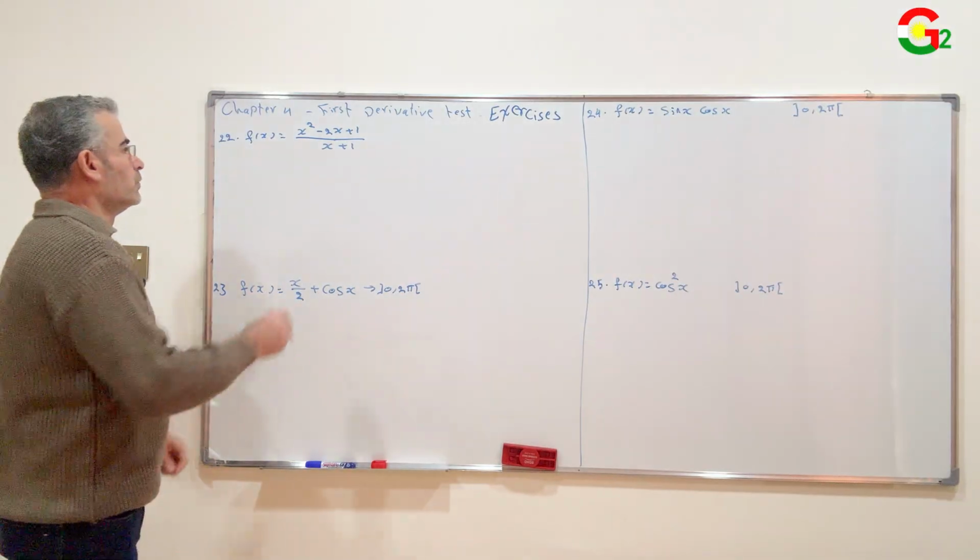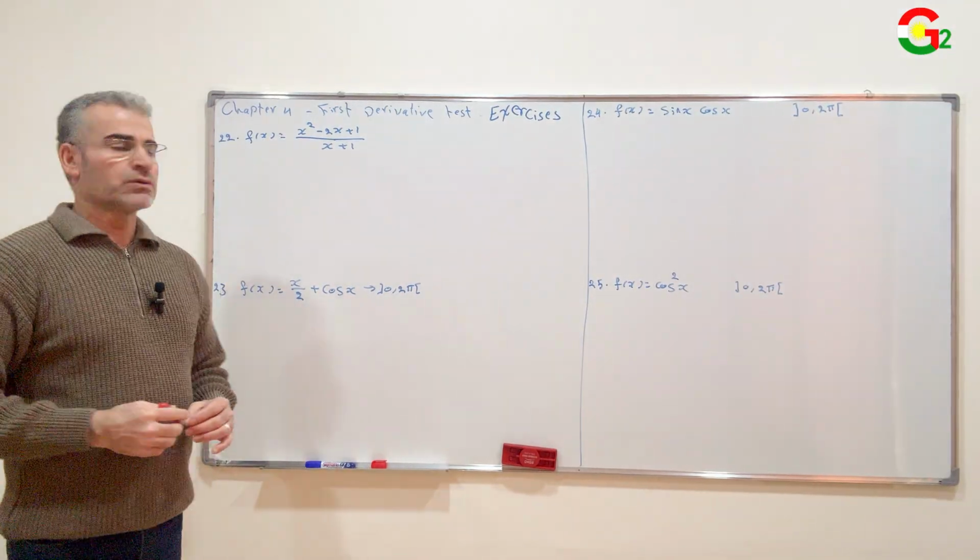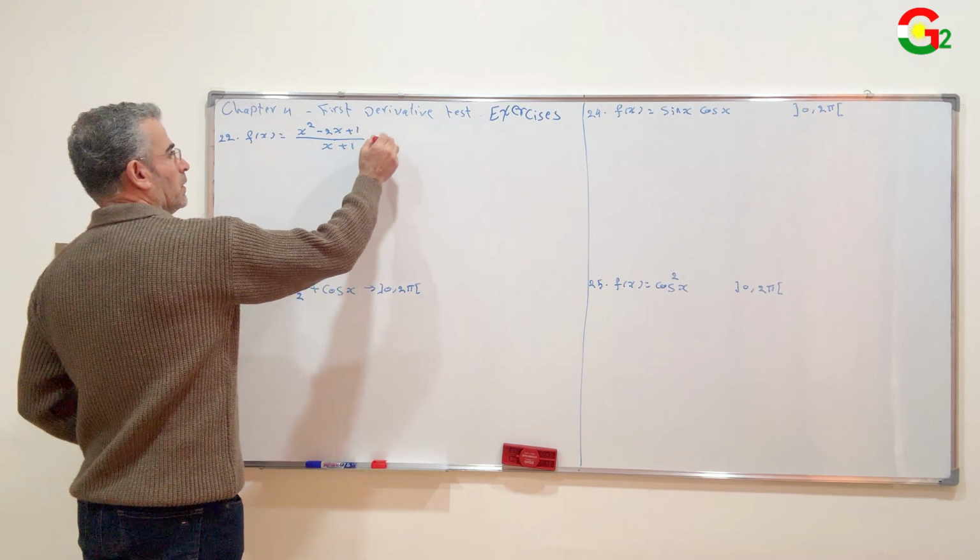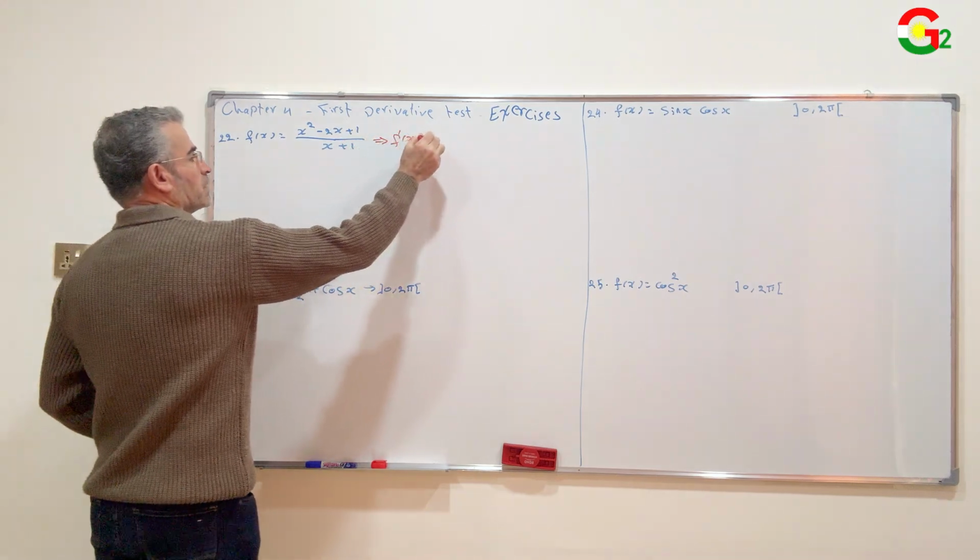Question number 22, f of x equals (x^2 - 2x + 1) over (x + 1). Find the derivative of this function.